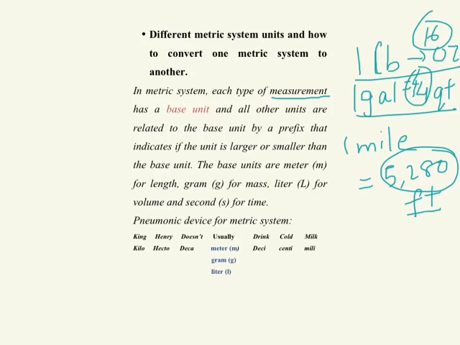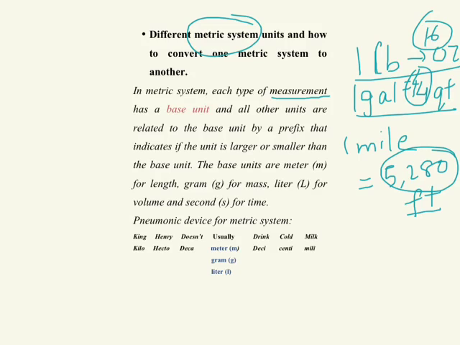But in the metric system, and in fact, scientists, health professionals, and people in most other countries use the metric system. The beauty of this system is that you can go from one unit to another by just following a system.